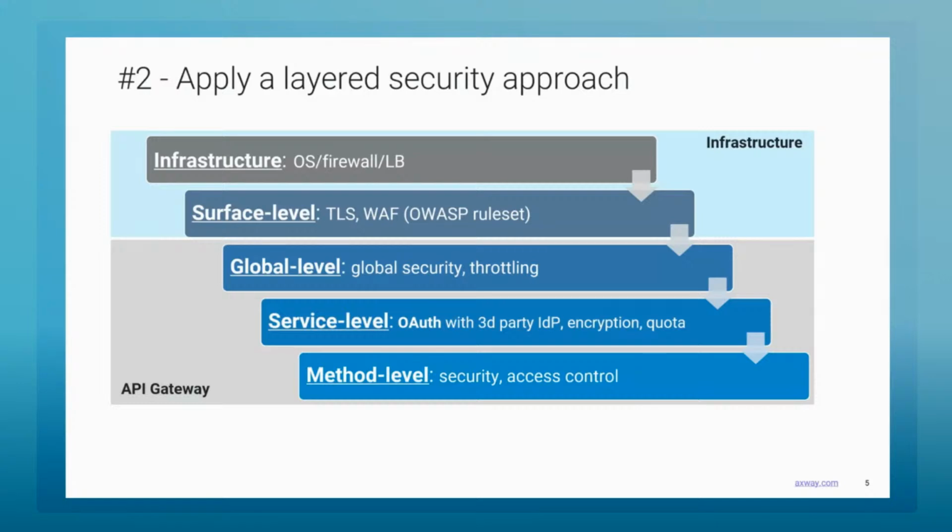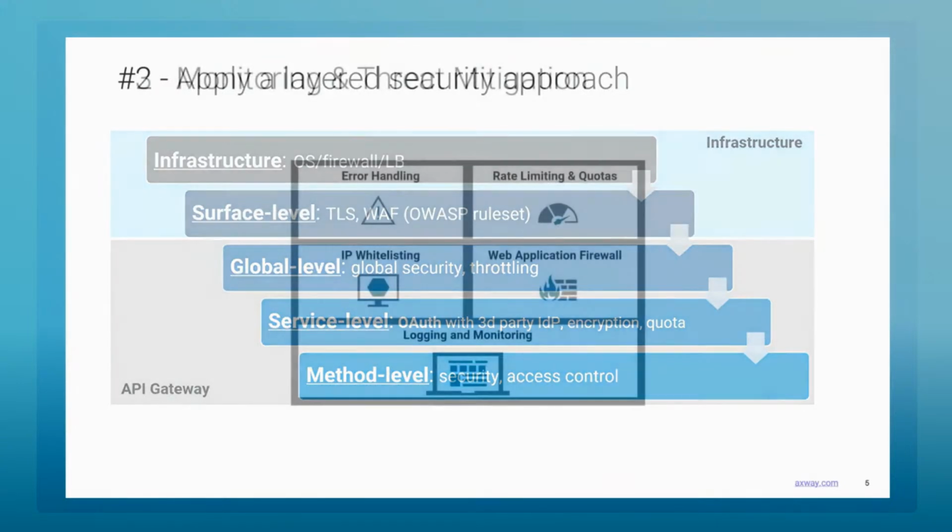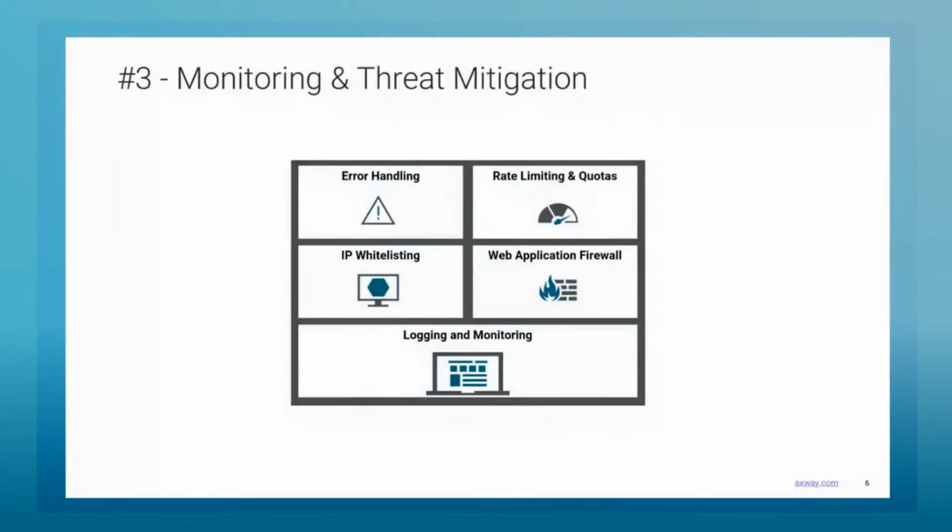All right, moving to step number 3, or recommendation number 3, which is monitoring and threat mitigation. So it's all dealing with the potential threats that your API gateway may face as you expose your APIs to your clients. And the first recommendation here goes about error handling.